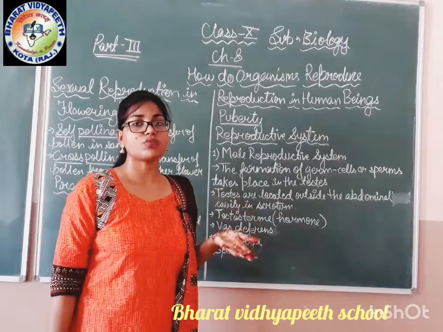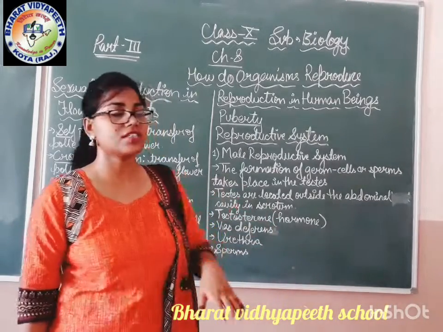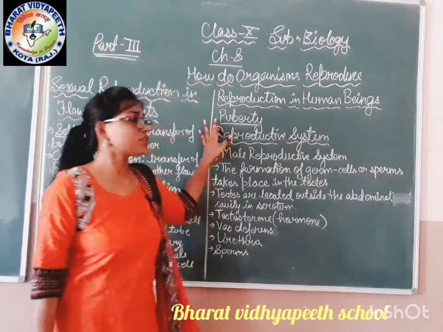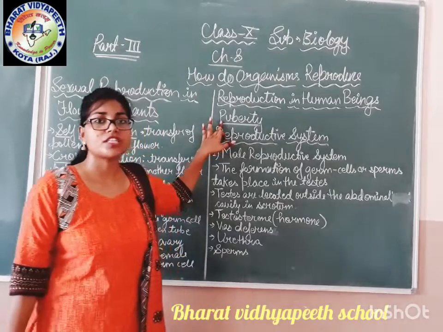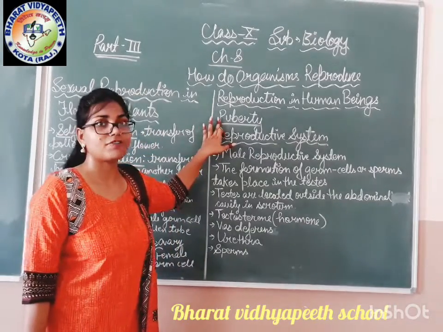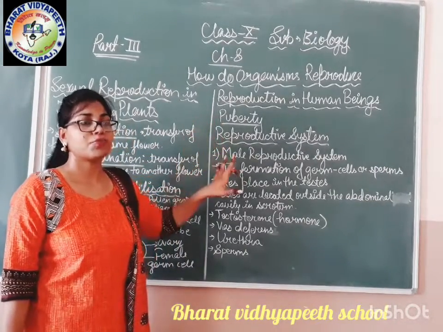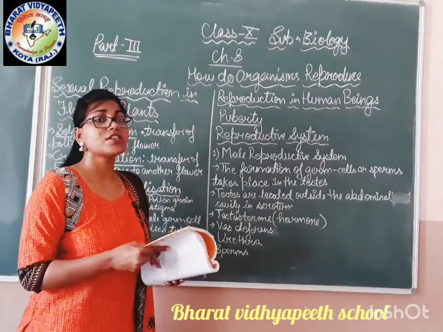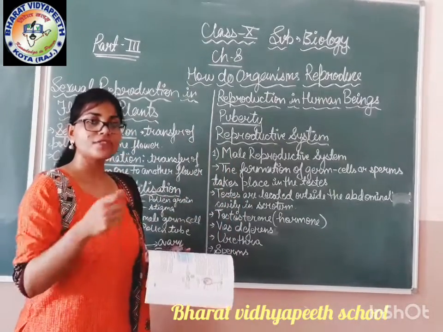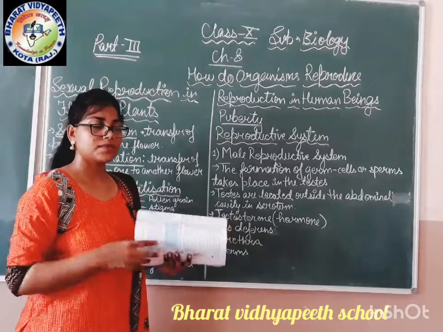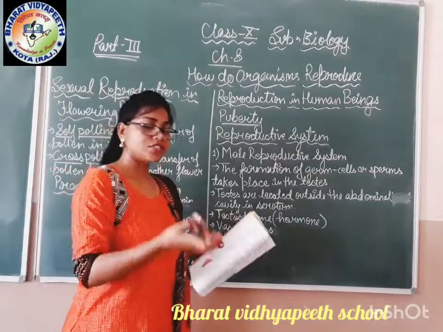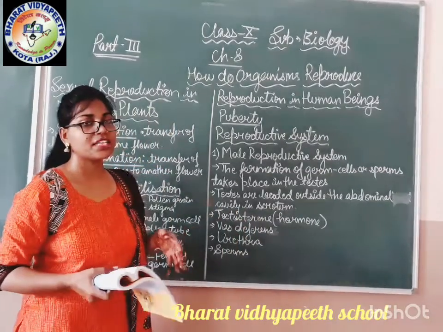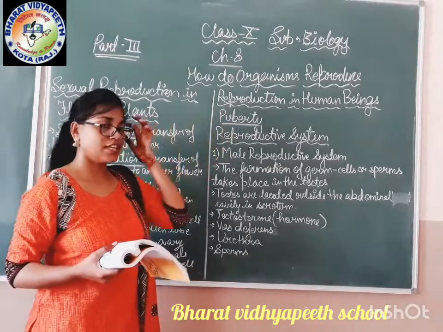They also show outer changes in boys and girls, and these changes which activate the reproductive part of a male and a female are known as puberty, which starts from age 12 to 18.